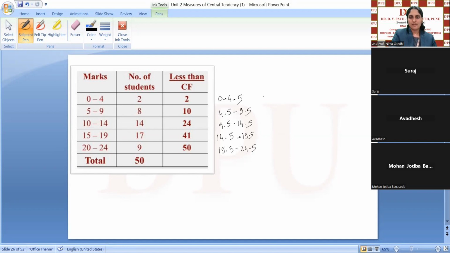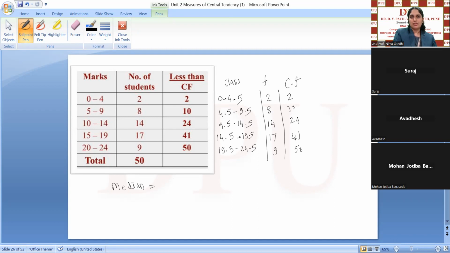And the respective frequencies, again I am writing: the frequencies are 2, 8, 14, 17, and 9. These are the classes. And I'm again writing the cumulative frequency here. So your cumulative frequency is 2, 10, 24, 41, and 50. So what is the formula for the median?